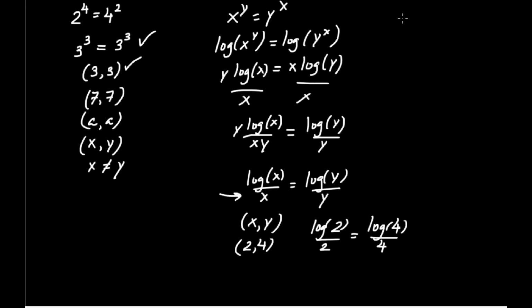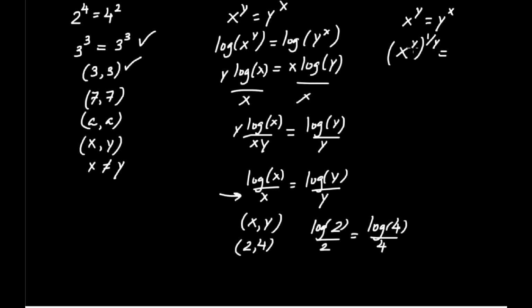Another pretty interesting one, which has to hold as well, is if we go back to this equation, let me just rewrite it: x to the y is equal to y to the x. Let's say we want to try to, once again, get all the x's on one side, all the y's on the other side. So first, I'm going to take the 1 over y power of both sides.